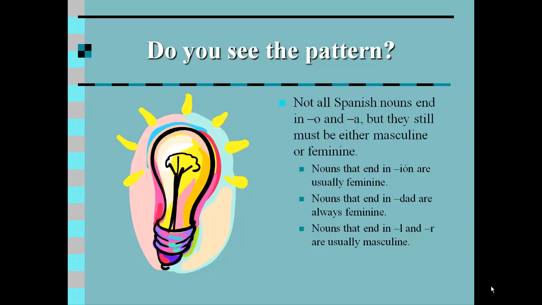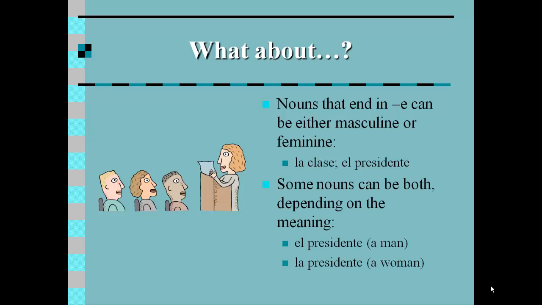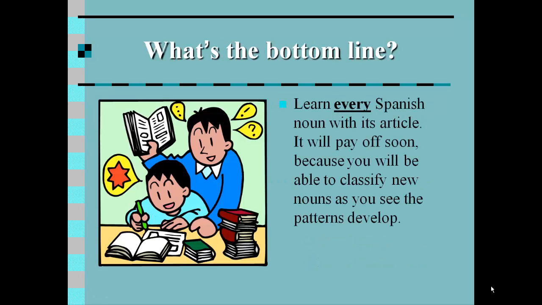And then there are some that don't fit any category. So here's the bottom line. We're going to have to learn every Spanish noun with the article el or la in front of it until you learn how to develop those patterns for yourself.